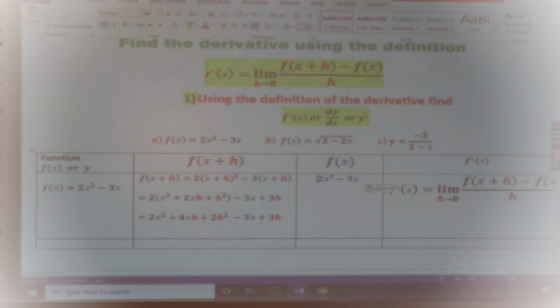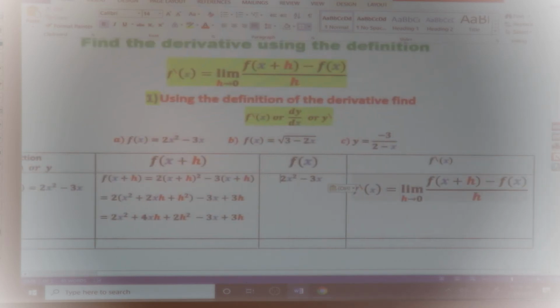Let us go to this guy here. You see this guy here? I'm going to minimize it, make it a little smaller and give a little space here for me. Now I'm going to take a look at the limit, f prime. We're looking for f prime, copy.